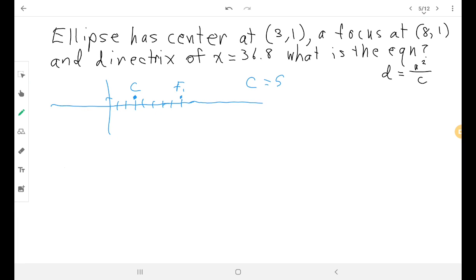And then way out here at 36.8 is the directrix. And somewhere in between there is the actual vertex on that side. Okay? So I don't know what A is, so I don't know where that vertex is, but I can figure it out.